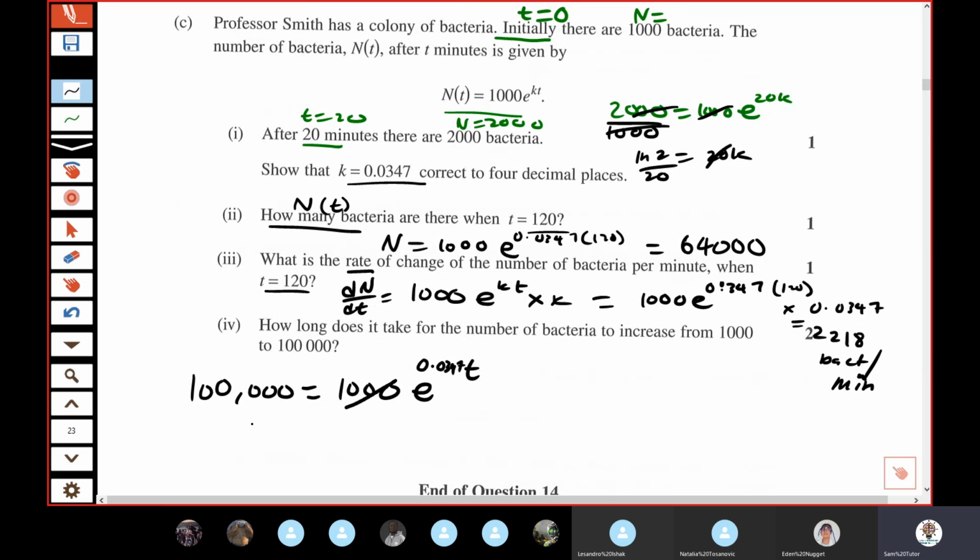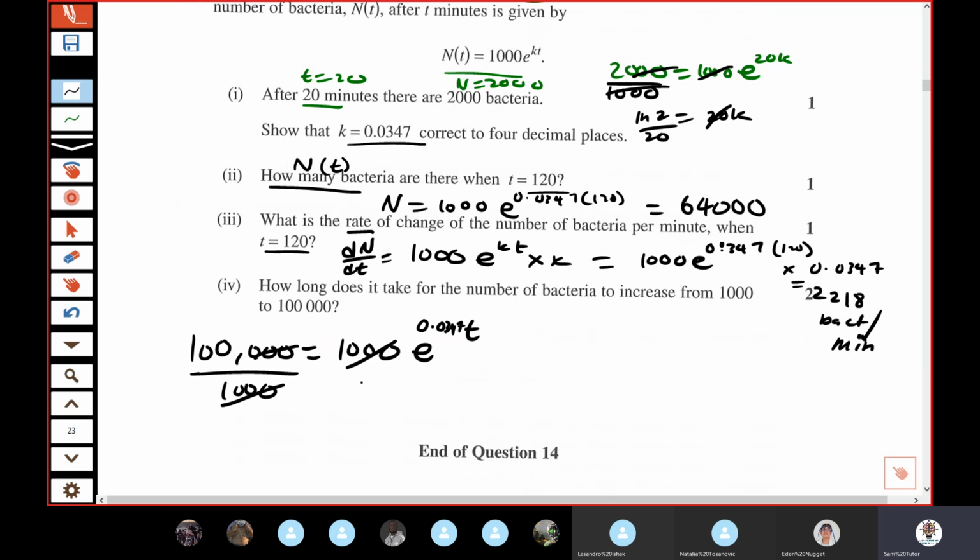So divide by 1,000. Log both sides. Divide by this. Are you used to that by now? Log 100 on log 2 divided by 20.